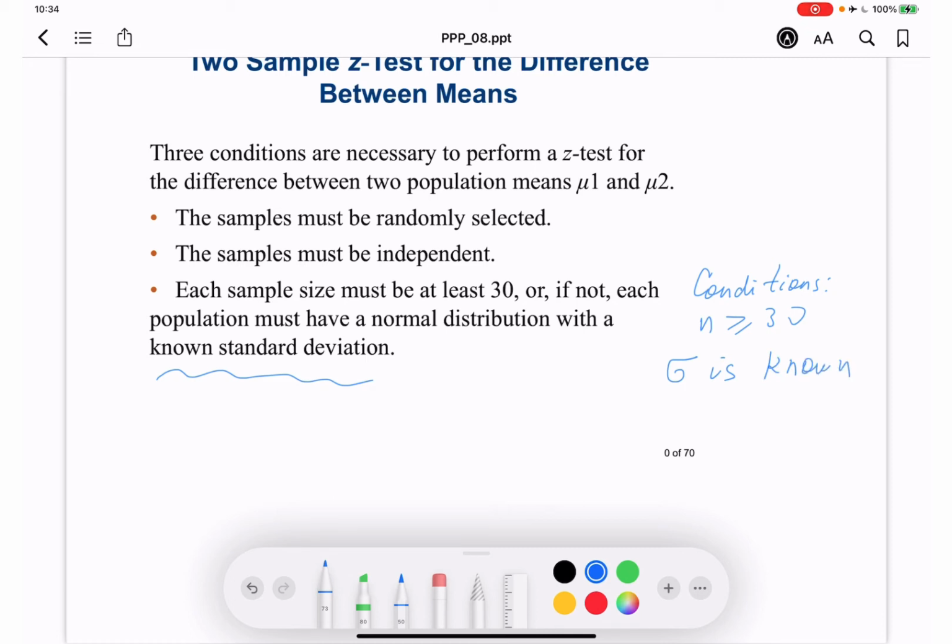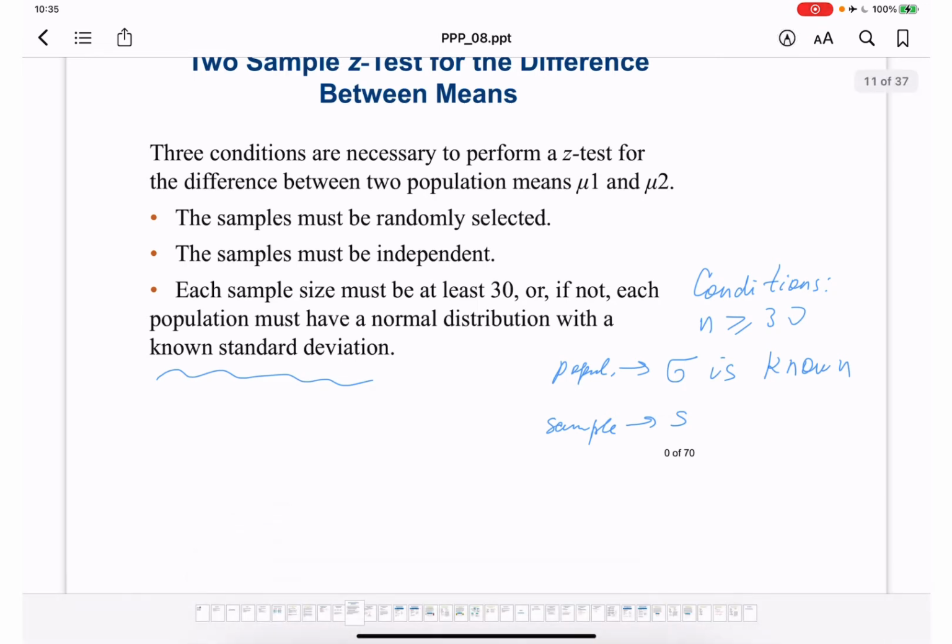These two conditions have to be met. If the sample size is not 30, but sigma, the standard deviation of the population, is known, because the standard deviation for the sample is S, remember? This is for the population, this is for the sample S. If the standard deviation of the population is known, then we don't care about sample size. So we are going to use the z-test.